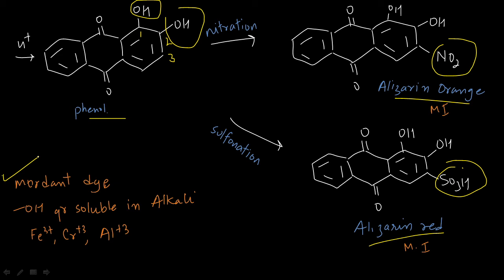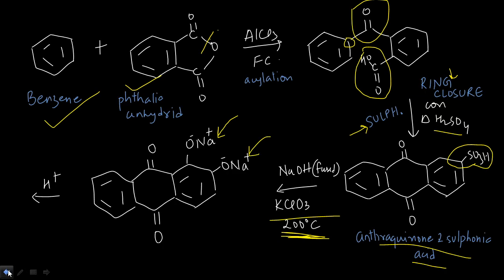So in an alkaline medium this can create problems and turn into something else. So what we use is metal chelates, metal compounds, Fe3+, Cr3+, Al3+ as mordants.